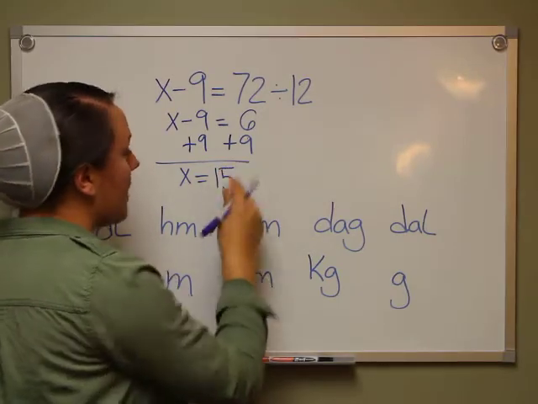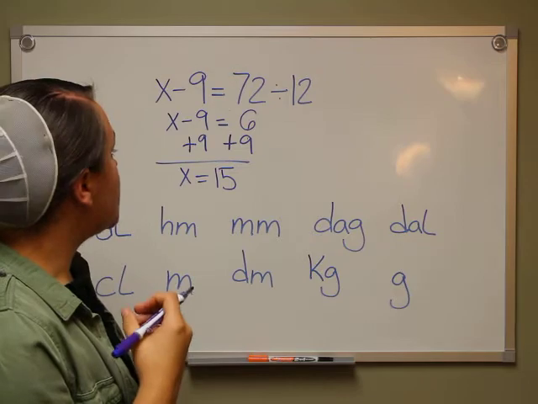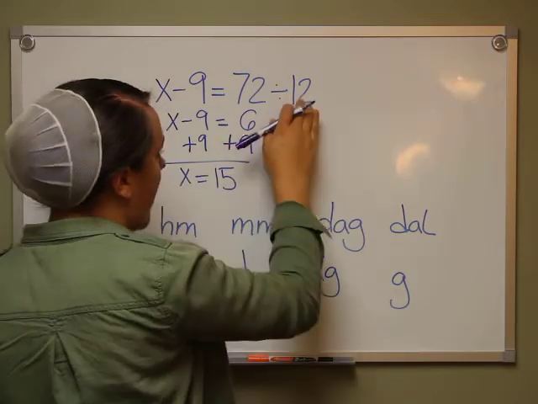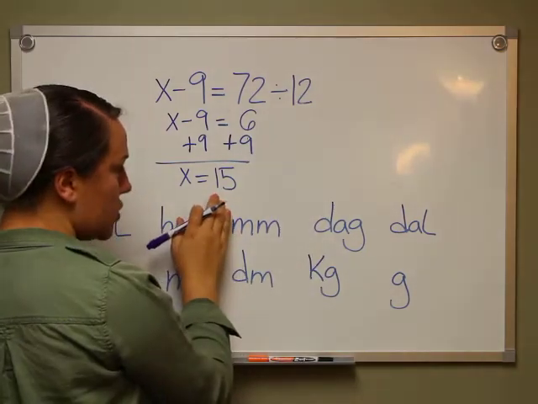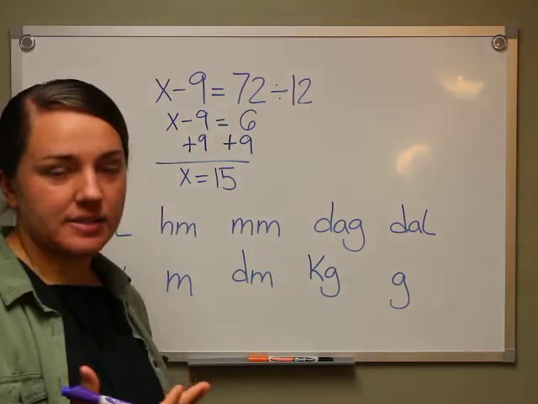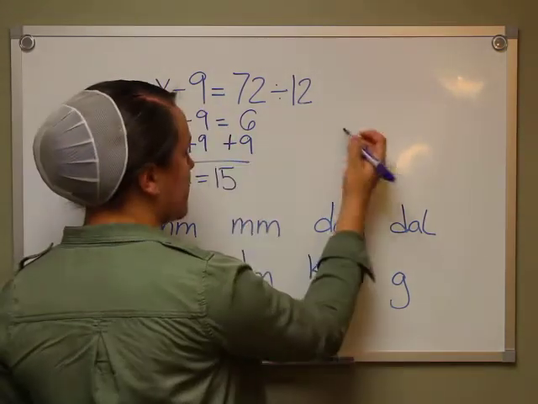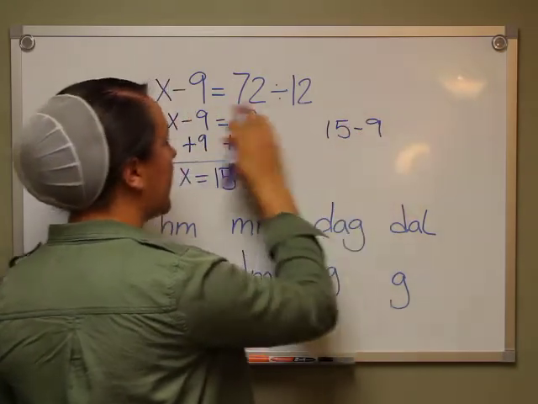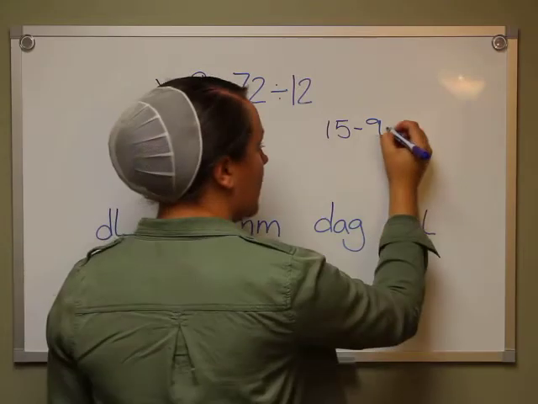15, that's right. Now, for our third step, we're going to check if this is correct. We're going to recopy our equation, except we're going to use 15 for x, okay? So, in place of x, we're going to write 15 minus 9 equals 72 divided by 12.